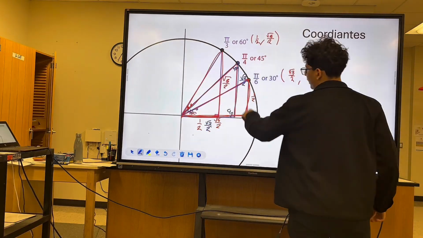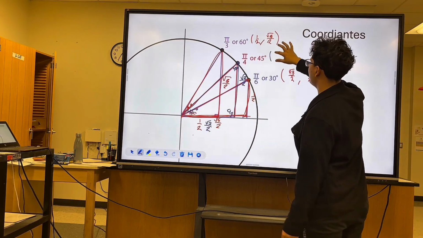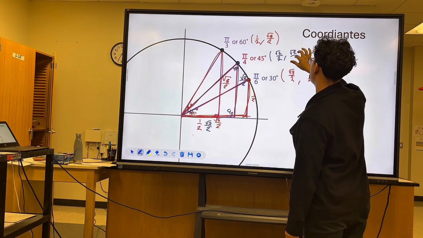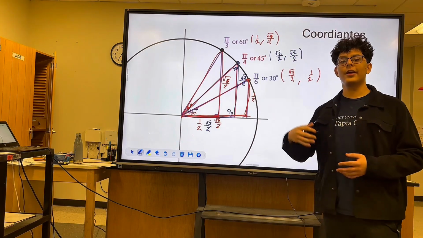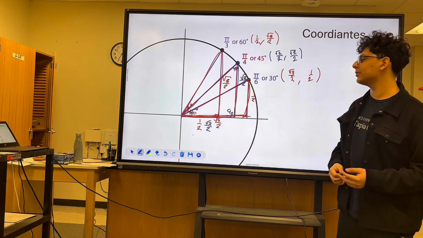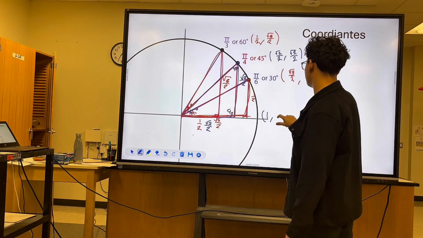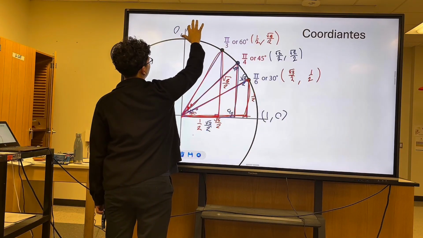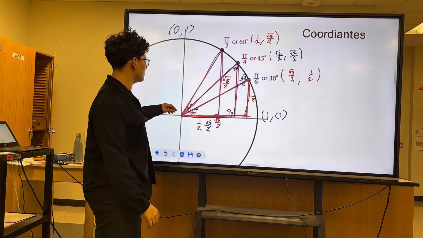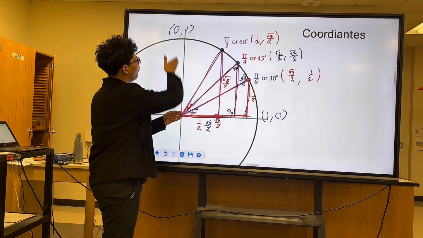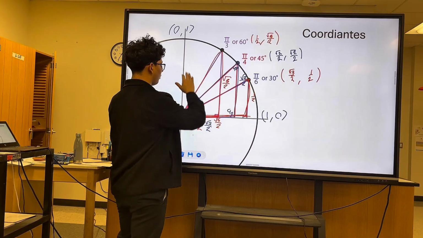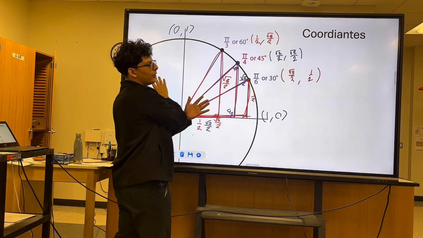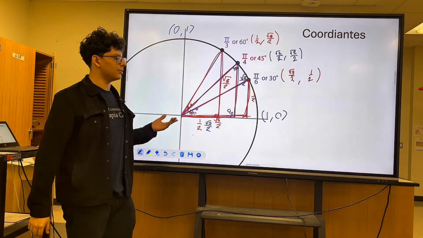And the height and length, or the x and y, are square root of 2 divided by 2, square root of 2 divided by 2. So that is how you get all the coordinates for the unit circle. We also know that this is 1, 0, and this is 0, 1. With this being the height, you don't move right or left, you go up, it's 1. You don't go up or down, you go right, it's 1. This will also be reflected with your corresponding negative and positive signs.